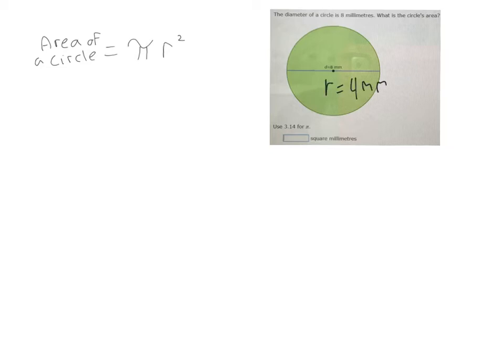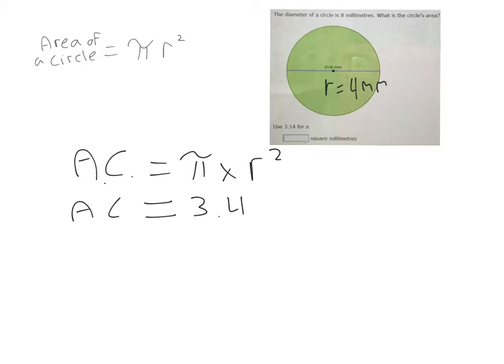Now it's really simply just a matter of filling in the formula. So our area of a circle equals pi times r squared. So let's fill things in. Area of a circle, pi is 3.14.